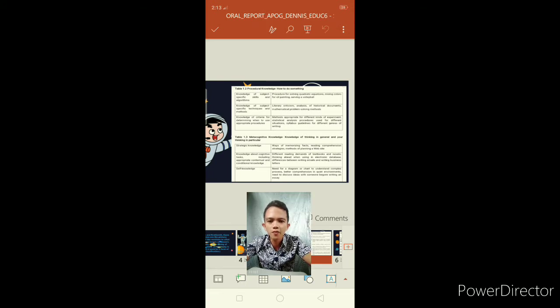We have here the knowledge dimensions: the factual, conceptual, procedural, and metacognitive. We must ensure that the activity is aligned with the levels of remember, understand, apply, analyze, evaluate, or create.